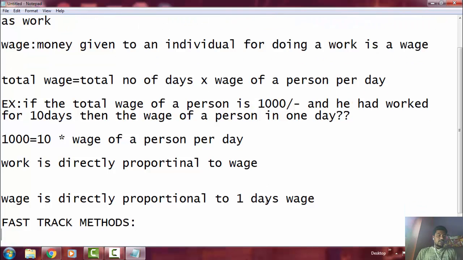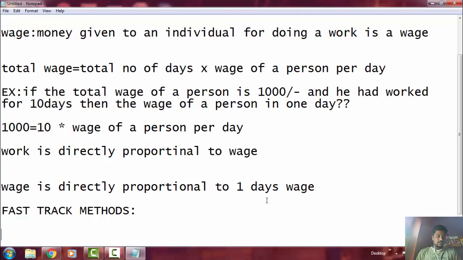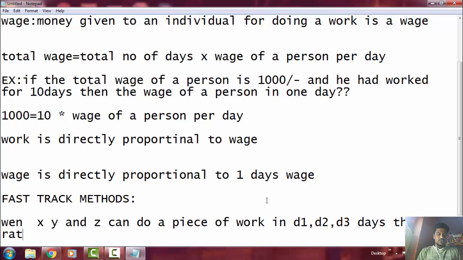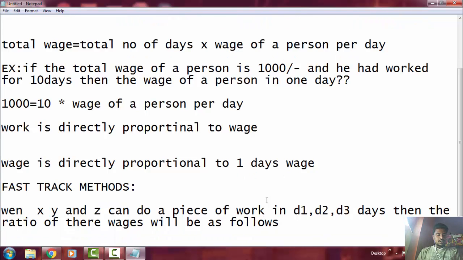In the first case, when three persons X, Y and Z can do a piece of work in D1, D2, D3 days, then the ratio of their wages will be D2 D3 : D1 D3 : D1 D2.